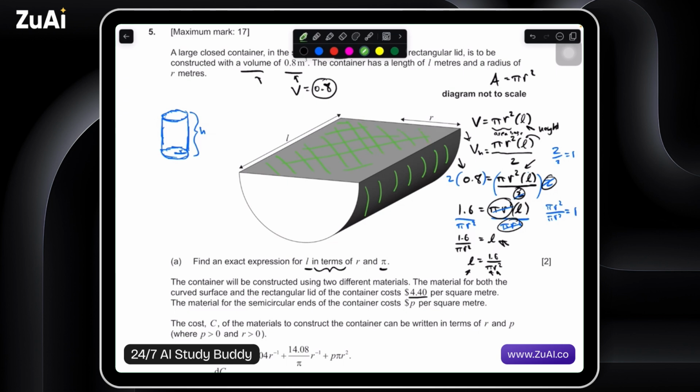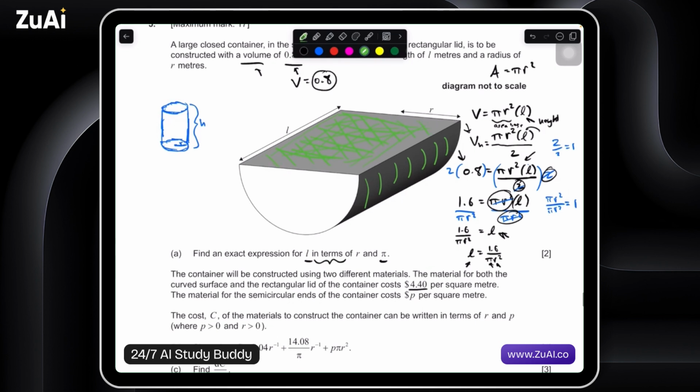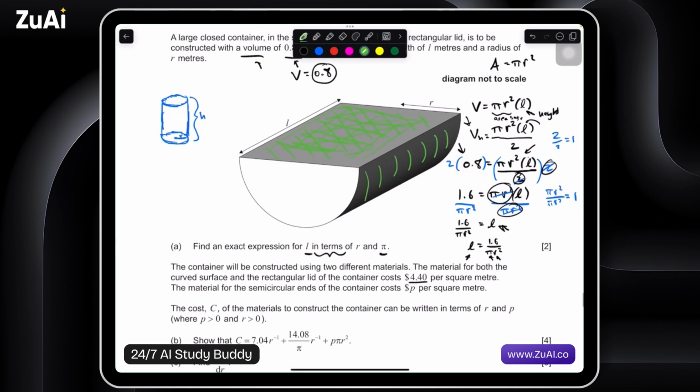It's a little better. So this is the rectangular lid right here, and then of course the curved surface along the edge. I hope you can see that. Yeah, that's fine. And this is going to be $4.40 per square meter.